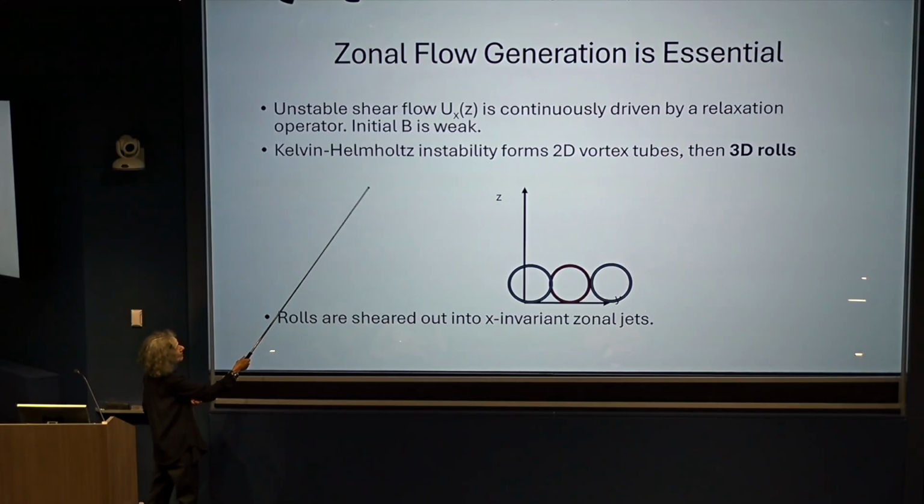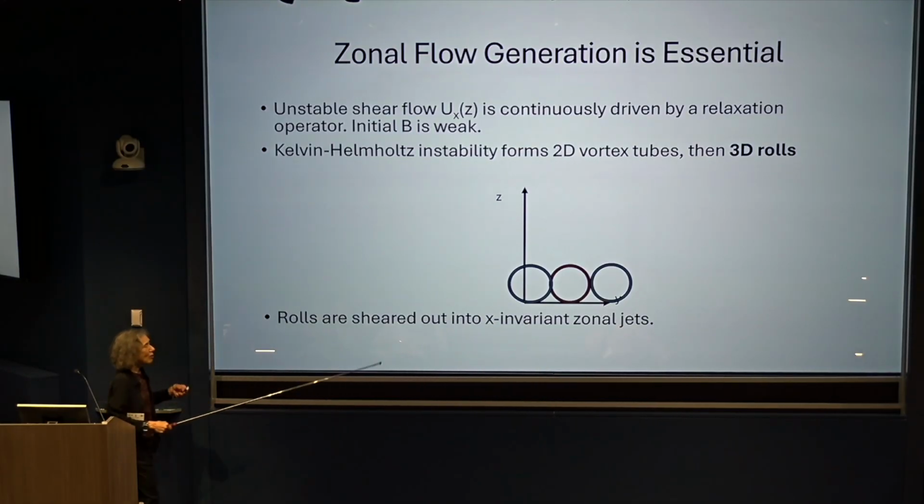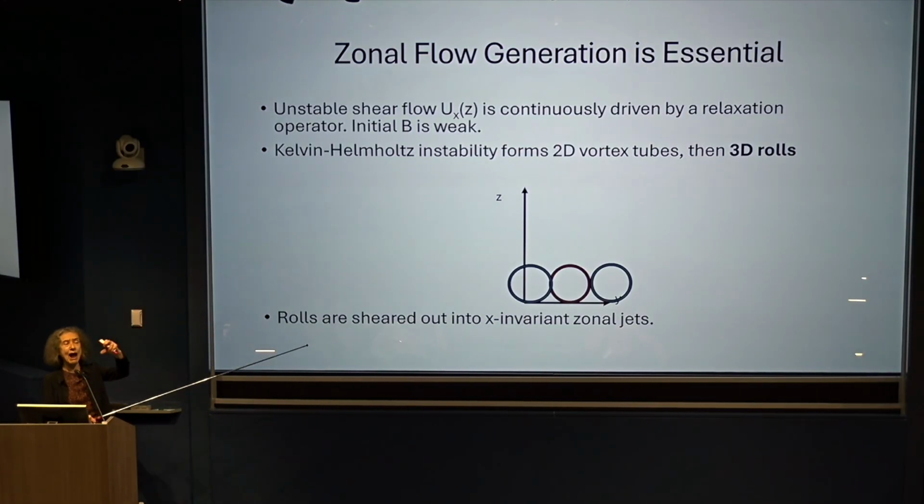First, the Kelvin-Helmholtz instability forms these 2D vortex tubes, consistent with Squire's theorem, but then they make these 3D rolls. Then the rolls are sheared out into jets that are invariant in the initial flow direction, the x direction, and they do a lot to shear the magnetic field.